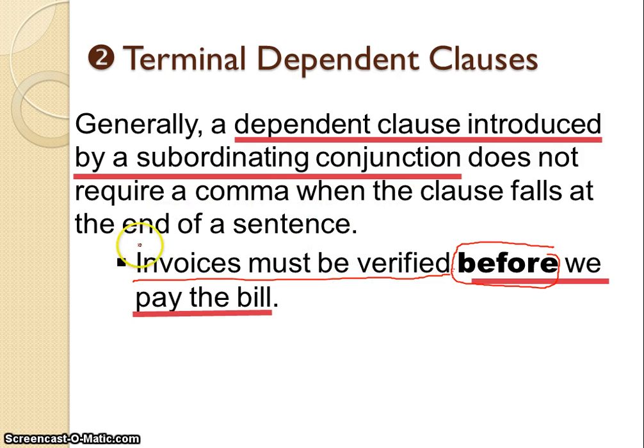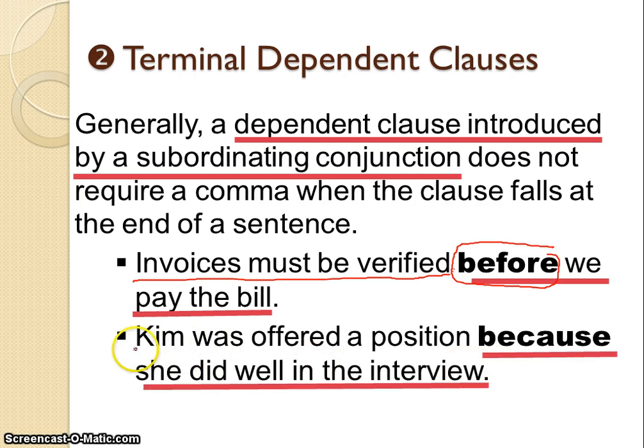If the independent clause comes first and the dependent clause falls at the end after a subordinating conjunction, then you do not need a comma. Kim was offered a position. Here's our independent clause. Here's our subordinating conjunction, because she did well in the interview. This is our dependent clause, so we don't need a comma here since it's at the end.